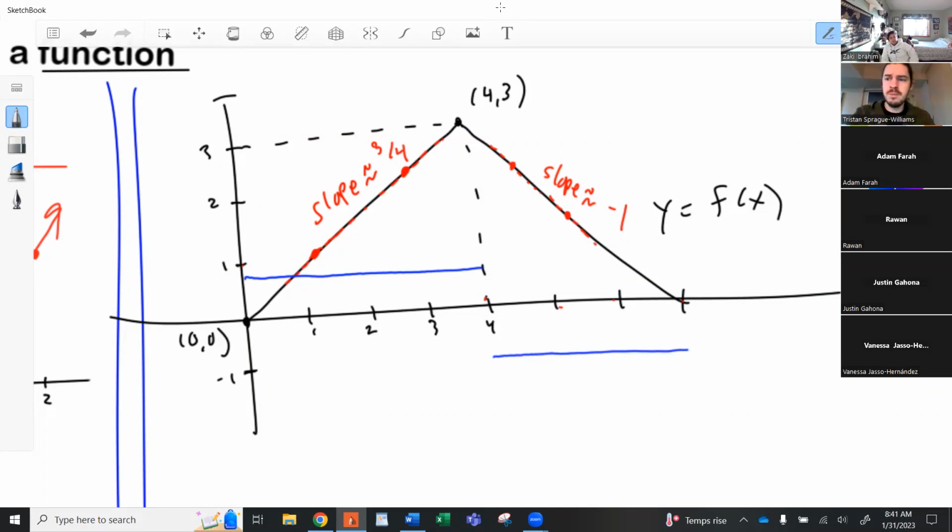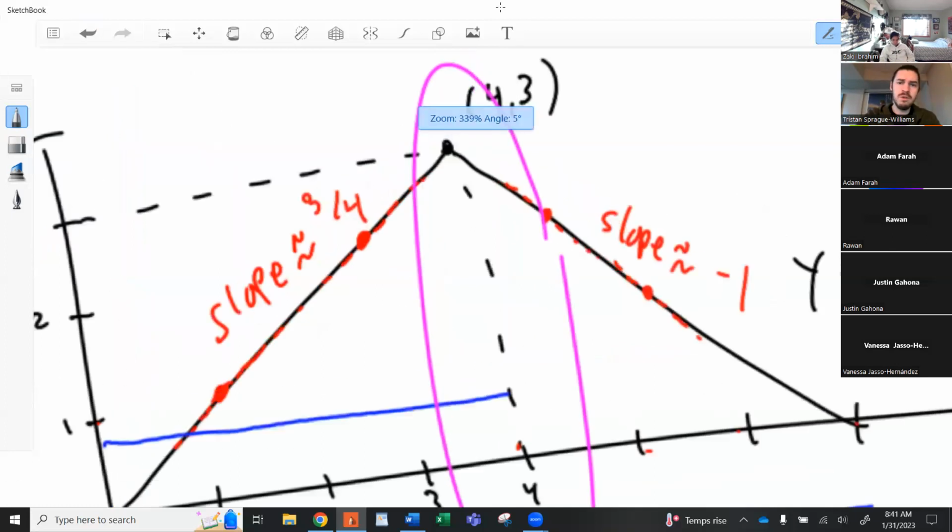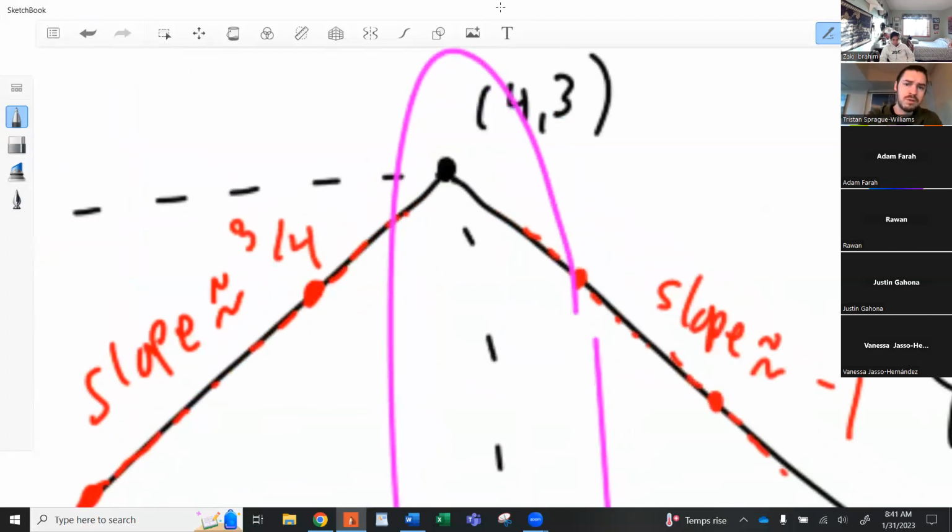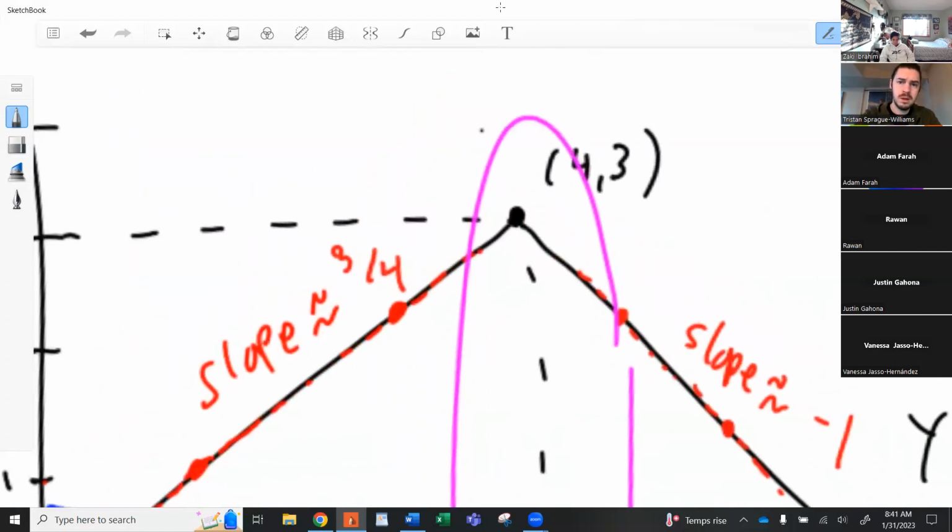So now the question becomes, what the heck happens here? What is the slope of the tangent line at this point? What do we think that is?